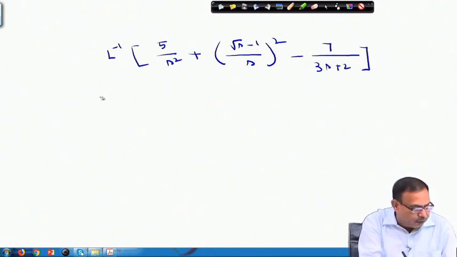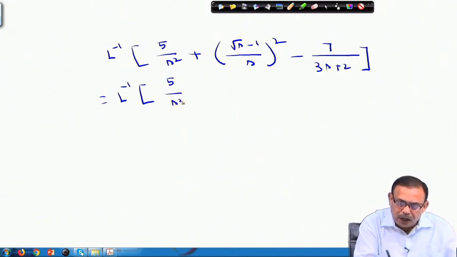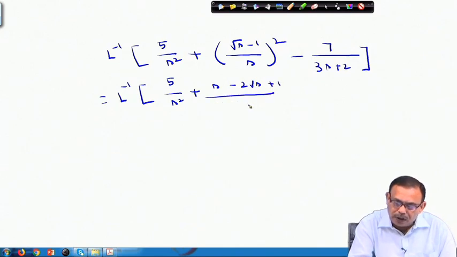So, this I can first write down as Laplace inverse of 5 by s square plus, breaking it, s minus 2 root s plus 1 by s, minus 7 by 3s plus 2.